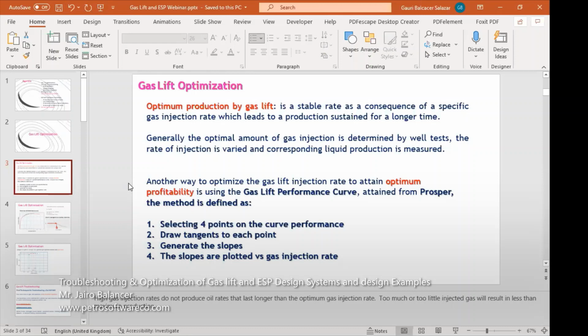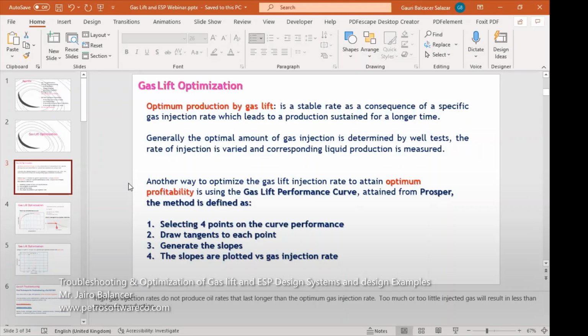We will see that. We generate the slopes, and the slopes are plotted against gas injection rate. The high gas injection rates in general do not produce oil rates higher than the optimum gas injection rate. Too much or too little injection gas will result in less than maximum production.